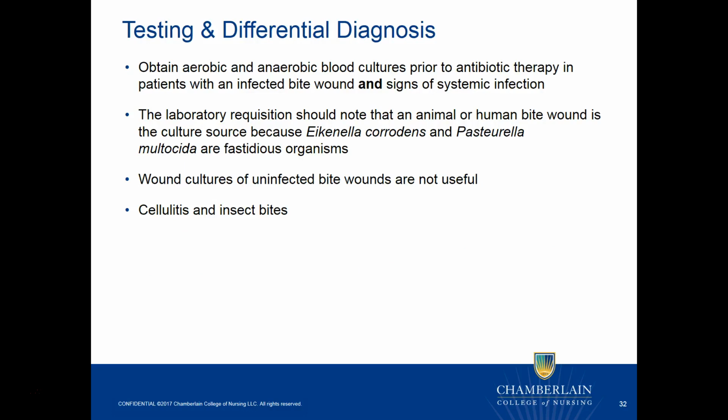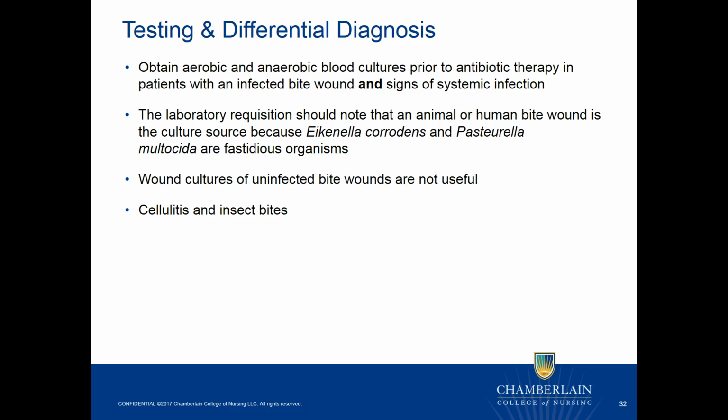Aerobic and anaerobic blood cultures are warranted prior to antibiotic therapy in patients with an infected bite wound and signs of systemic infection. Wound cultures of uninfected bite wounds are not useful. Wound cultures are not indicated in clinically uninfected bite wounds as results do not correlate with likelihood of infection or the pathogen that is present in patients with subsequent infection.